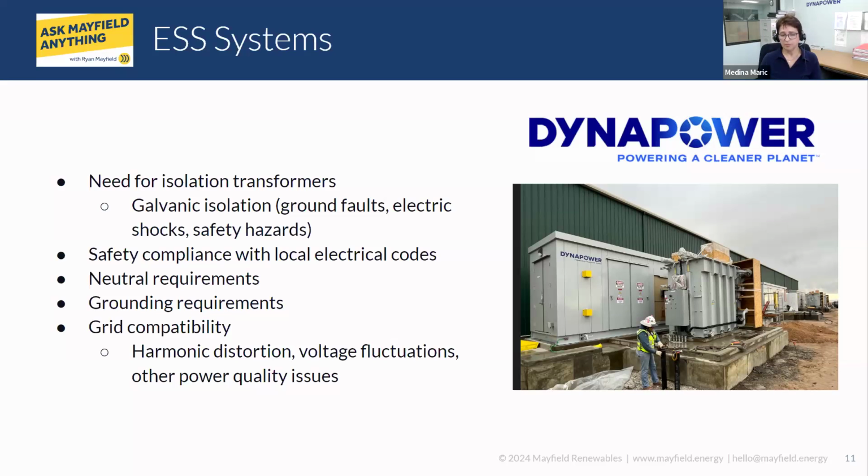For the same reason, there are grid compatibility requirements coming from the grids in terms of limiting harmonic distortion and voltage fluctuations, and the ability to put the proper protection and meters on the transformers and make sure that no transients go directly onto the equipment.